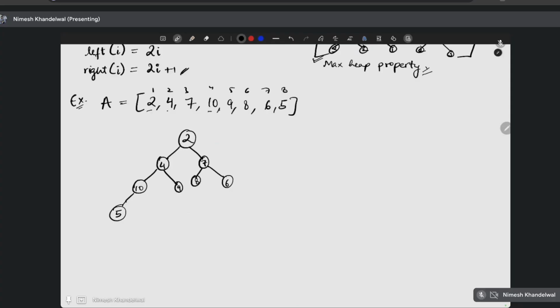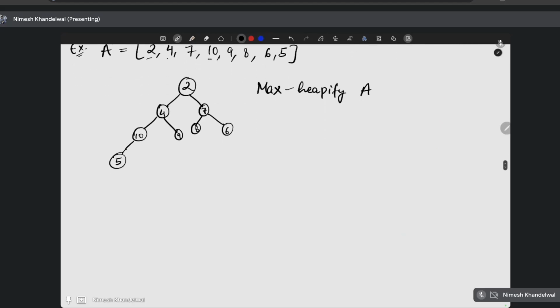But does this follow the property? Right? So basically, this does not follow the max heap property. So the question is: max heapify A, right? So how do we do that, right?